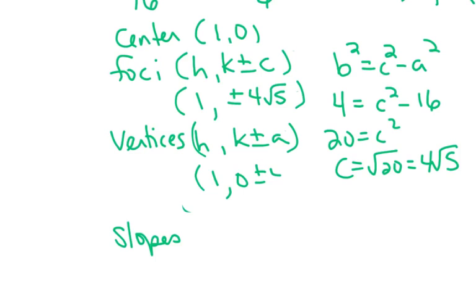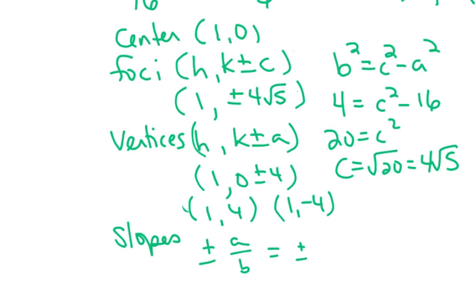So they are at 1, 4 and 1, negative 4. The slope is plus or minus a over b, so it's plus or minus 4 over 2, which is plus or minus 2. And that's all the important information about hyperbola.